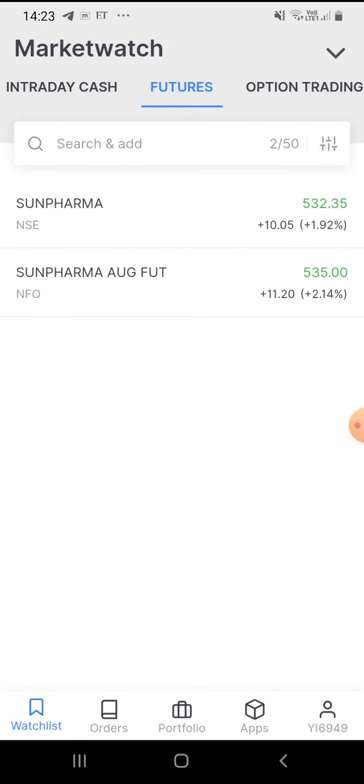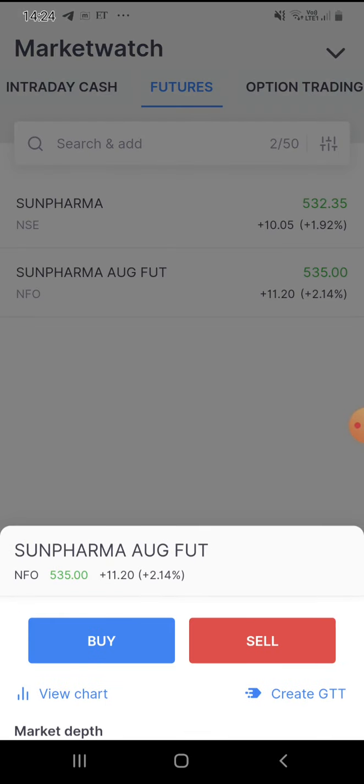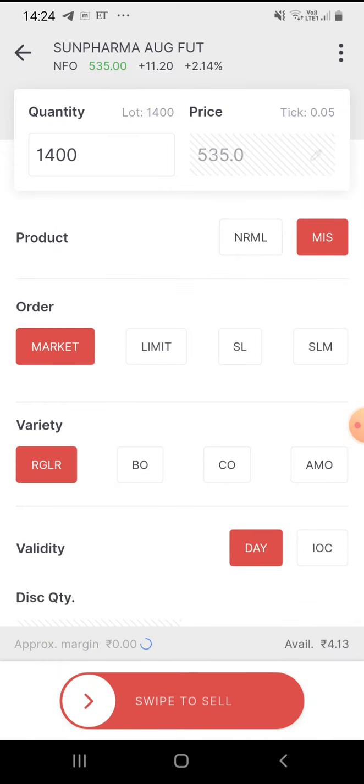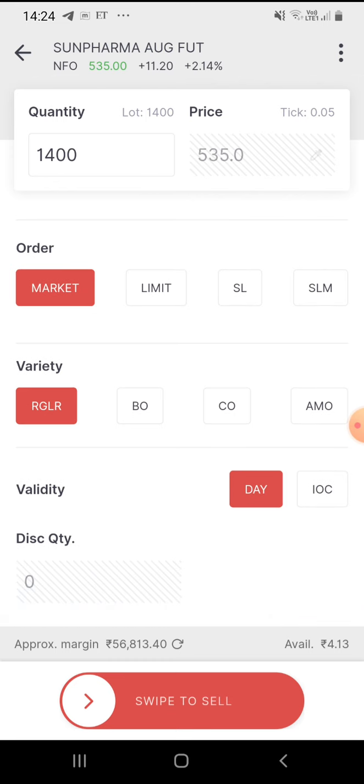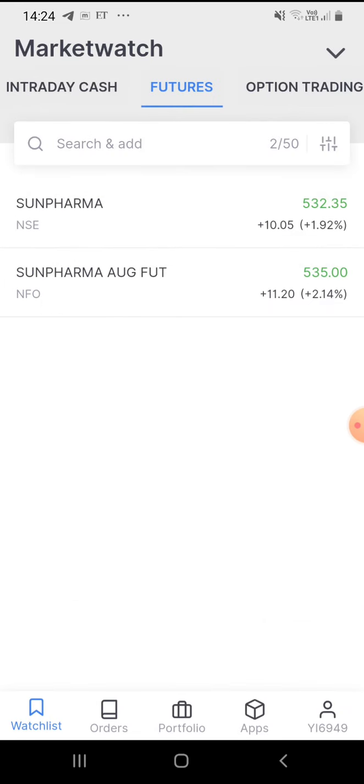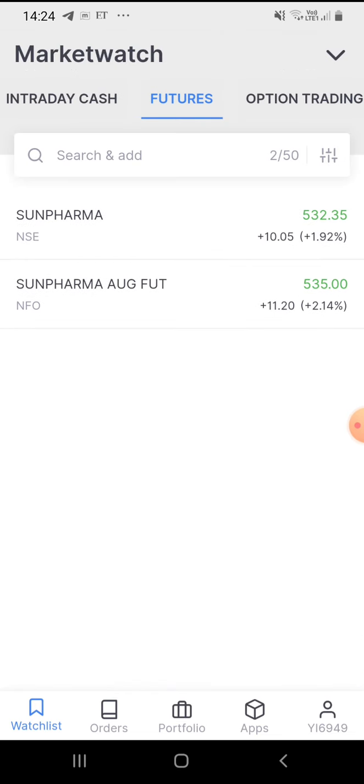If we think Sun Pharma from 535 will move to 520 in 1 to 2 days, or even today in intraday, then first sell it at the current value, then buy it at 520. Still a 15 rupee gain, you can earn 20,000 profit. So that can be done in futures also. But in options it is different, I'll tell you.